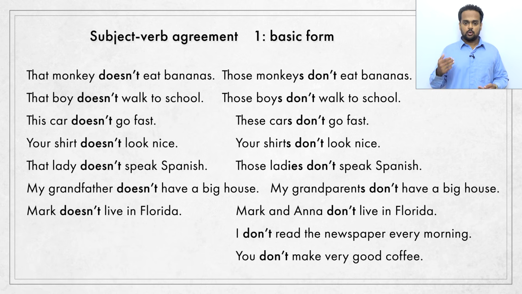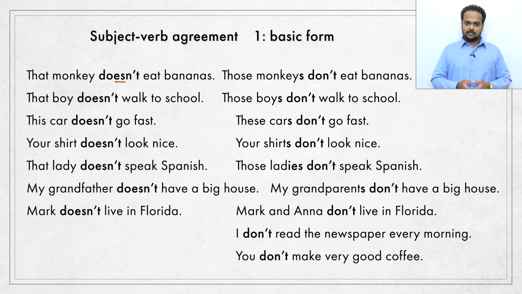"Those monkeys do not" or "don't eat bananas." It's important to note that we say "does not" and then "eat." We don't say "does not eats" because the S is already added to the helping verb "do." So there's no need to add it again to the main verb "eat." If you want, stop the video and read the other sentences.